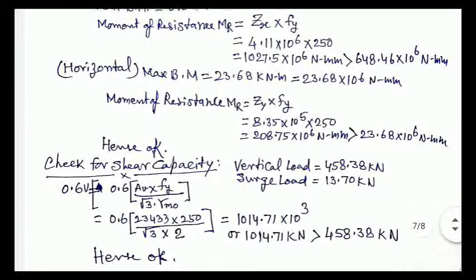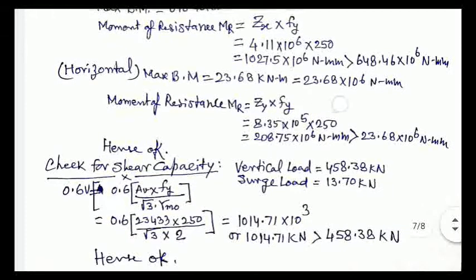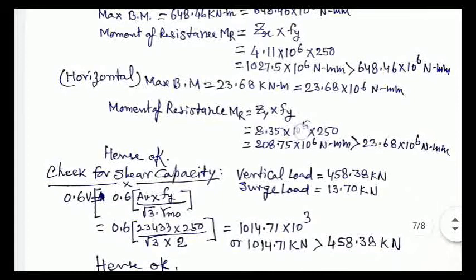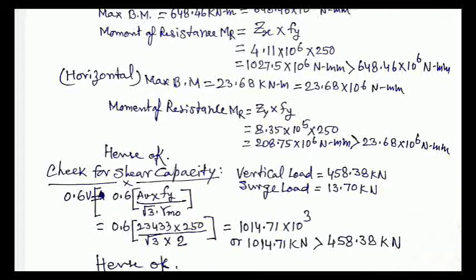Now check for horizontal or surge bending moment. The surge bending moment is 23.68 kilonewton meter, or 23.68 into 10 raised to power 6 Newton mm. So moment of resistance Mr should be Zy into Fy, so 8.35 into 10 raised to power 5 multiplied by 250.